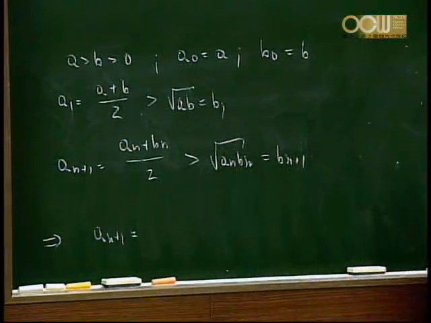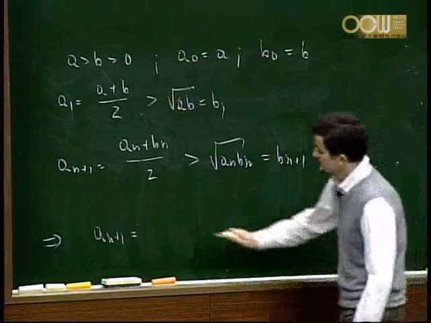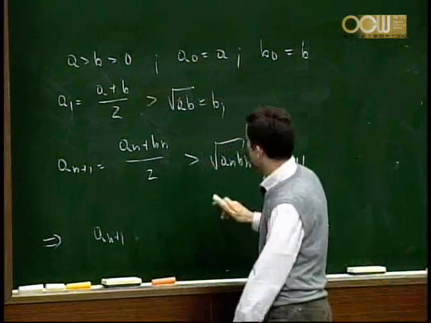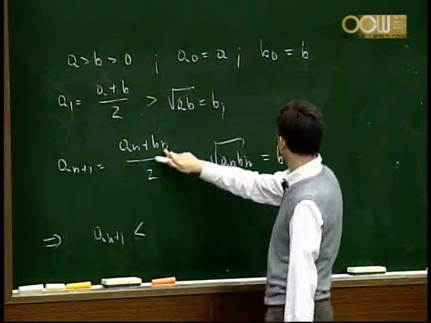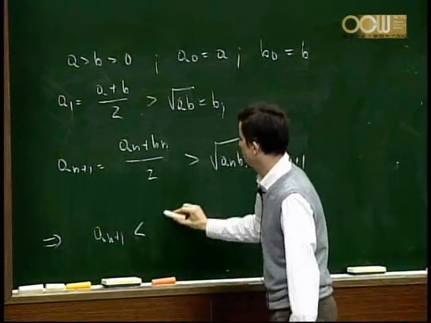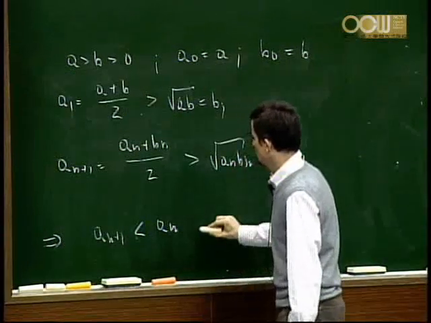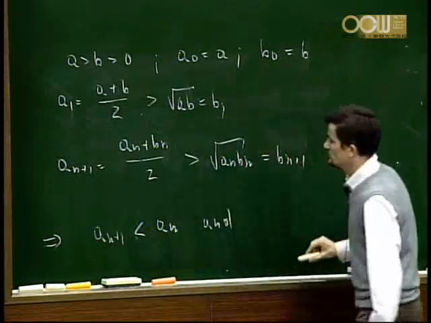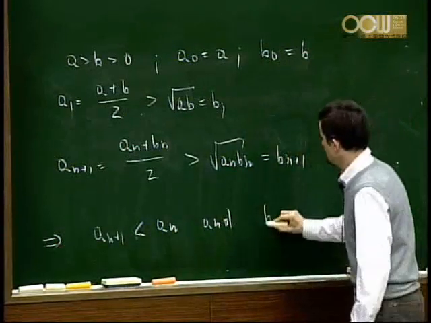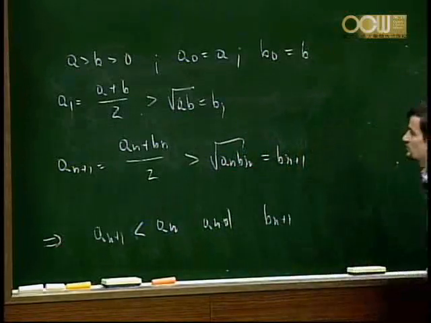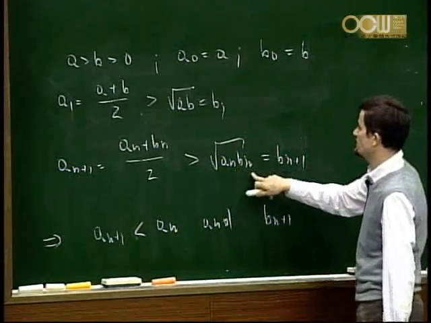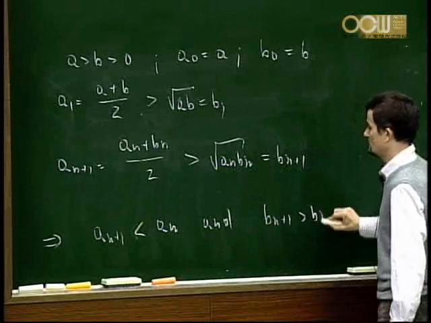But you also have that a_n is larger than b_n. Because b_n is smaller than a_n, b_{n+1} is larger than b_n, and a_{n+1} is smaller than a_n.